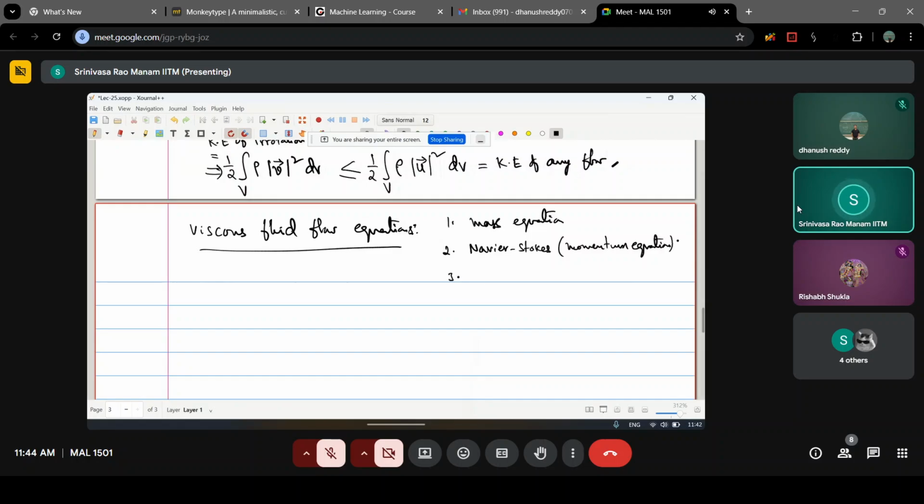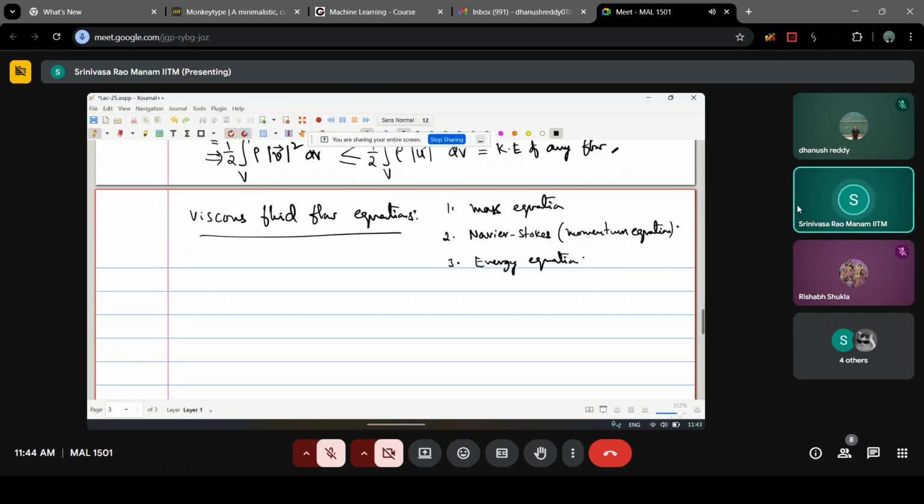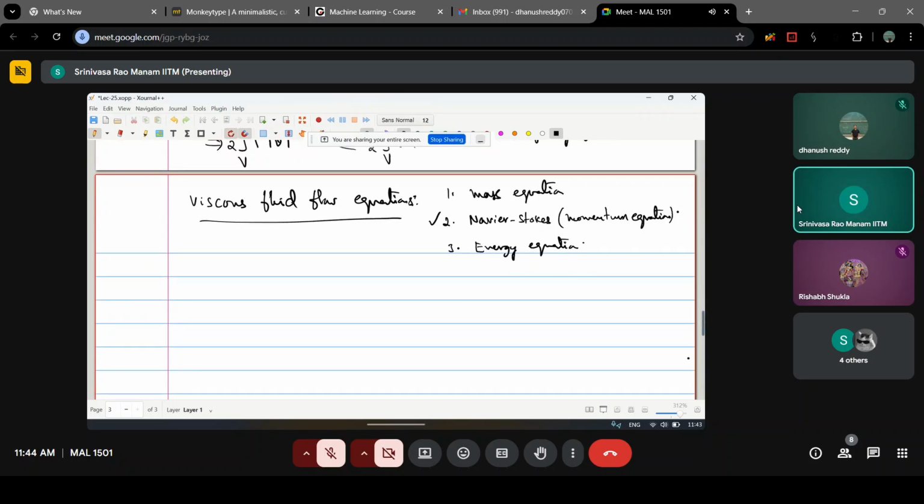The third one is the energy equation, which we require in this case. Conservation of energy, that's the energy equation. These three will give me, in principle, how to solve the unknowns, the number of unknowns matching the number of equations. So we need to derive only the Navier-Stokes equation for viscous flow, when you are considering the fluid viscosity.